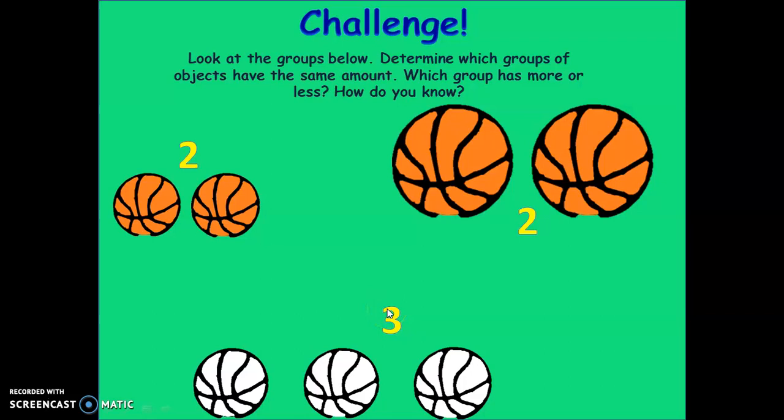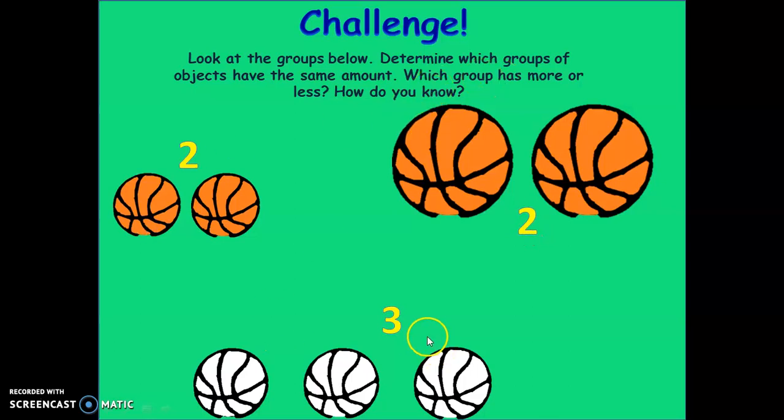So I know if it's going to be an equal group, they have to have the same number. So I look at these 2 groups and I'm going to say to myself, wow, Miss M, these groups both have the number 2. They each have 2 basketballs, so they must have the same amount. So this group and this group are the same.